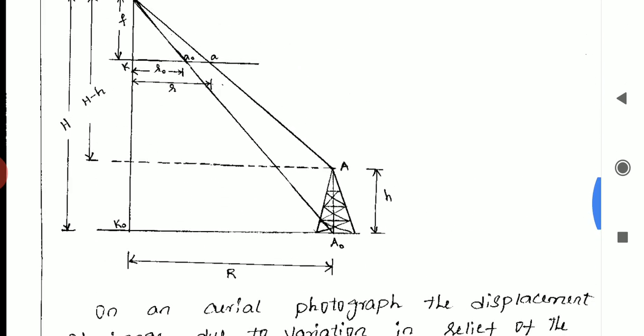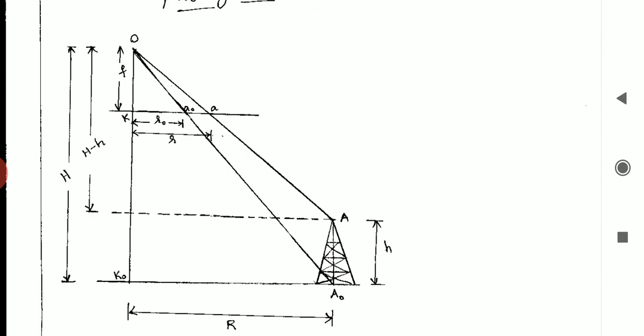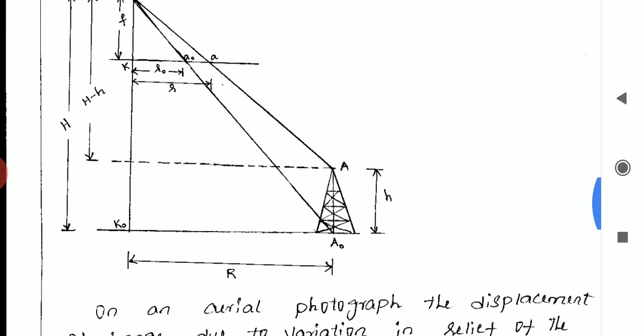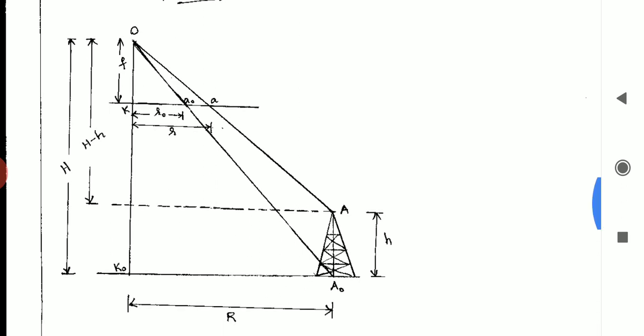See here, please check this figure. In these cases, A0 is the tower. So please refer to this figure, I will explain it.